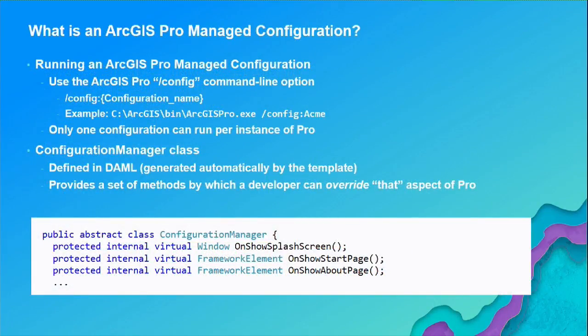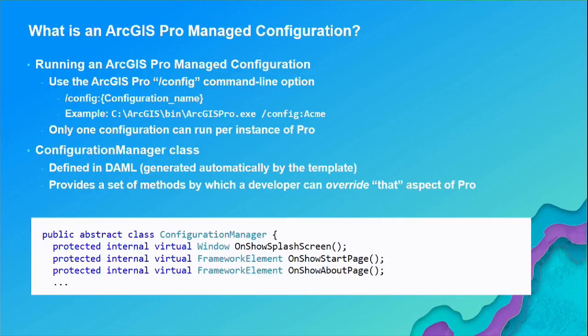So to run a managed configuration, you call the configuration name on the command line by passing it to the /config argument. You can see an example here on the slide where the Acme configuration is passed on the command line, right here. Multiple configurations can be installed on a machine, but you can run only one configuration per instance of Pro.